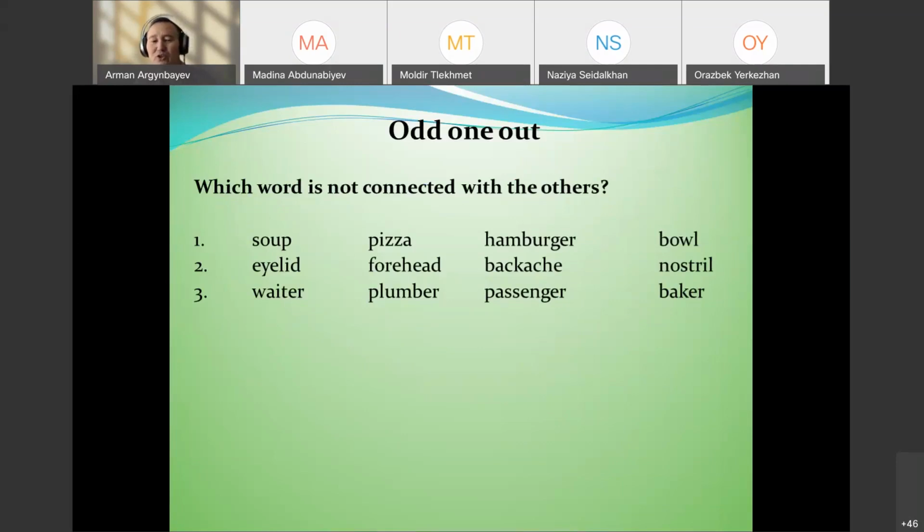Okay, so first one, soup, pizza, hamburger, and bowl. So which is different? Which is different? A bowl. Why? Yeah, because it's not food. Yeah. All right. Good.